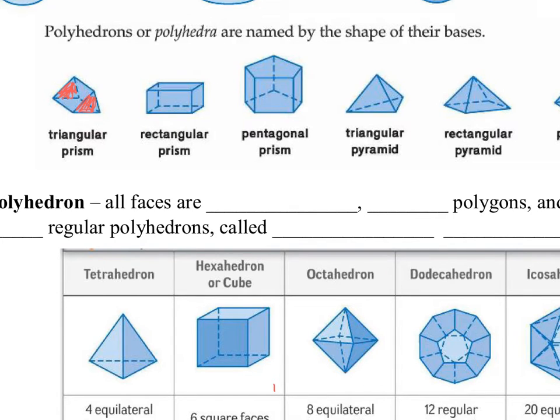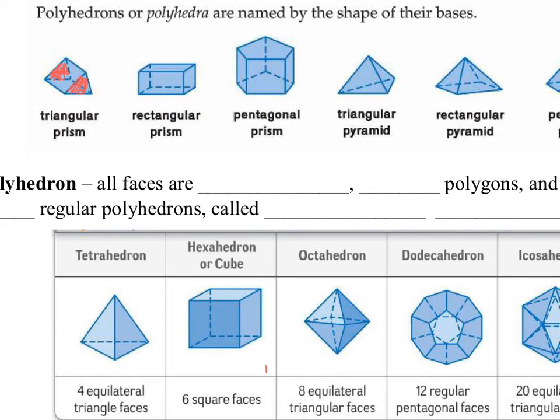This prism just happens to be sitting on one of its faces. You'll notice that the faces are rectangles. Okay, so since the bases of this shape are triangular, we call this a triangular prism. This is a rectangular prism because the bases are rectangles.